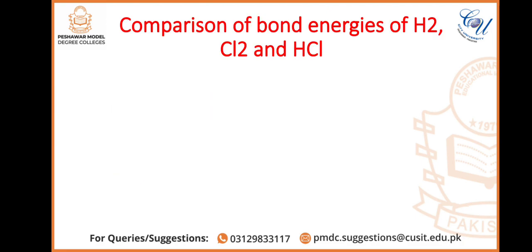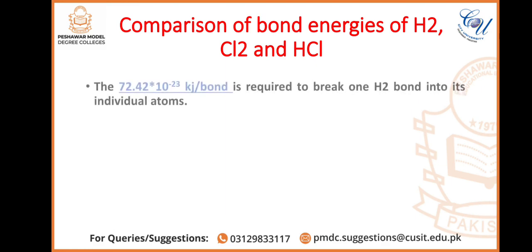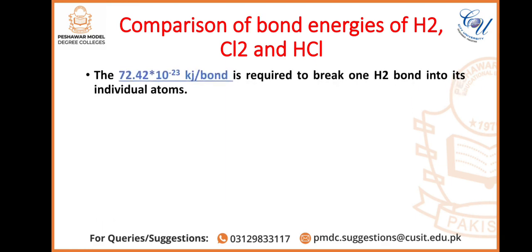As we have discussed, bond energies depend on certain factors. To understand that, we compare the bond energies of some molecules, for example hydrogen, chlorine and HCl molecule. For example, energy required to break one hydrogen-hydrogen bond is 72.42 into 10 power minus 23 kilojoule.